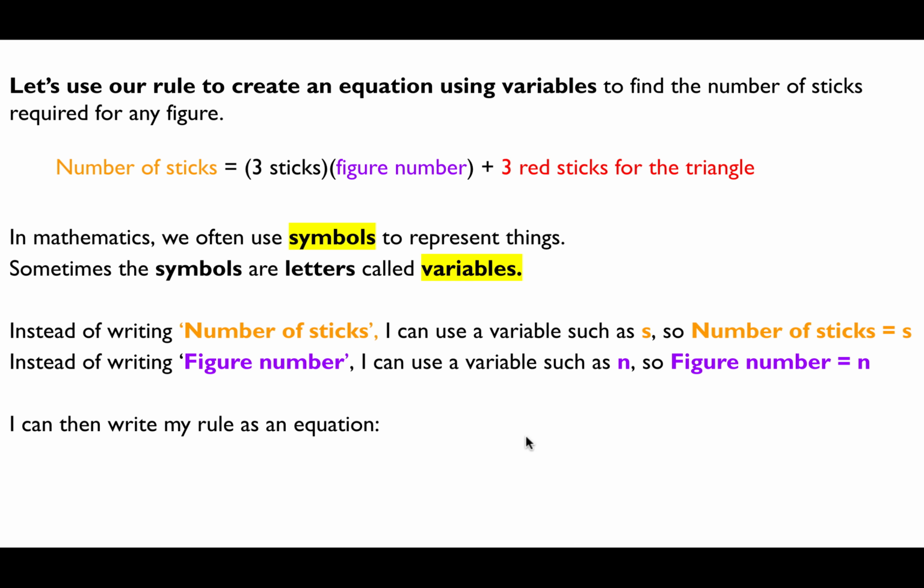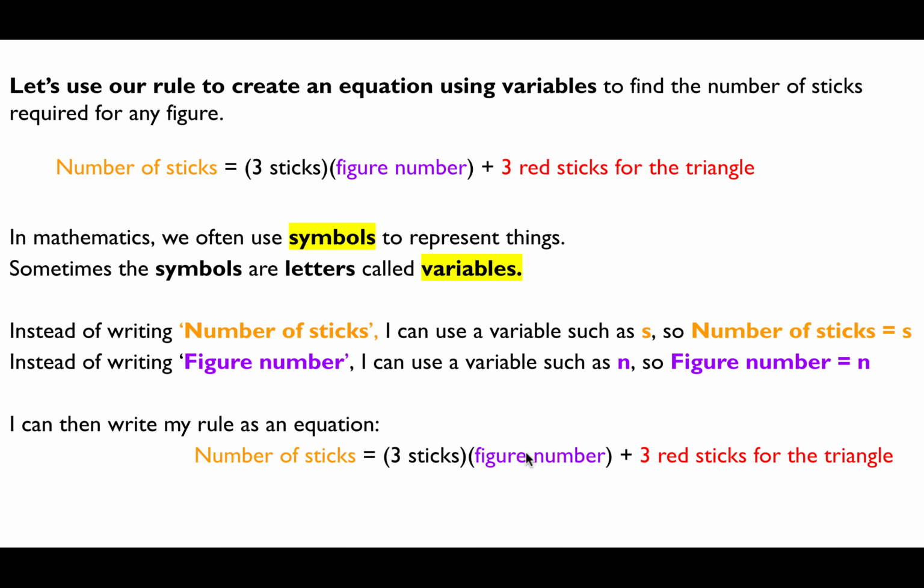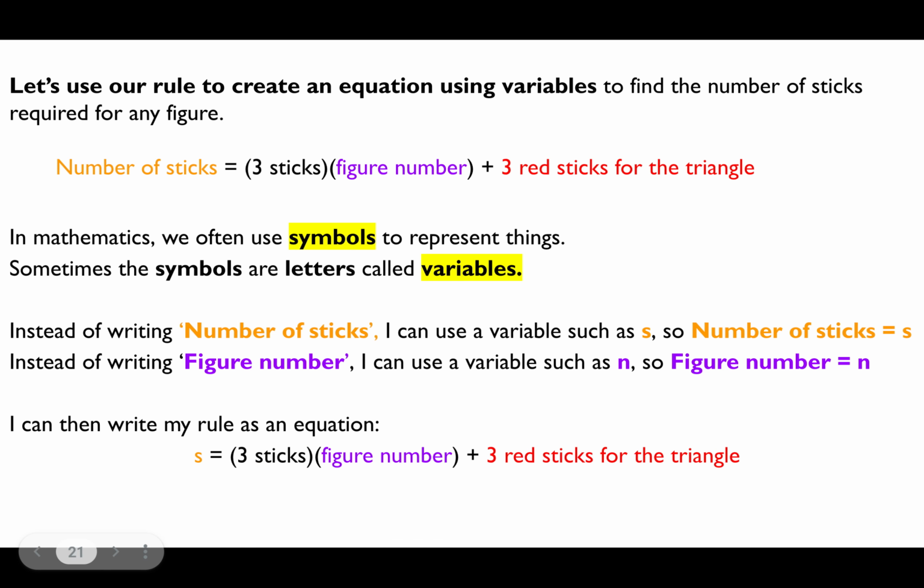Now I can write my rule as an equation. So again, my rule using words is the number of sticks equals 3 sticks multiplied by the figure number plus 3 red sticks for the triangle. So instead of writing number of sticks, we said number of sticks equals S, so I can replace it with the variable S. And we know that it's 3 sticks multiplied by the figure number plus 3 red sticks for the triangle.